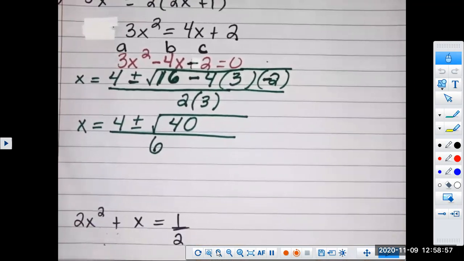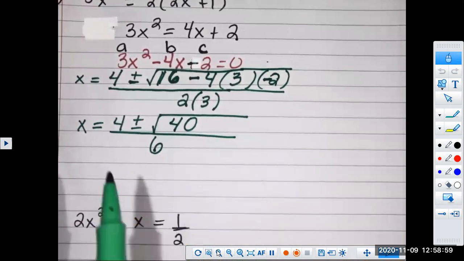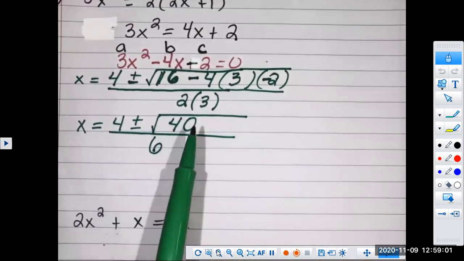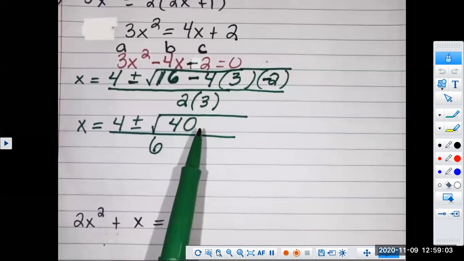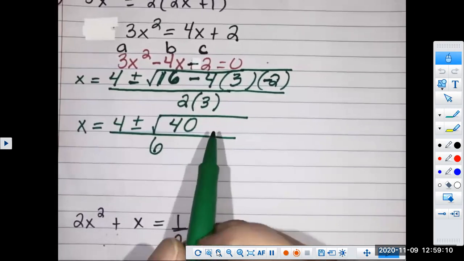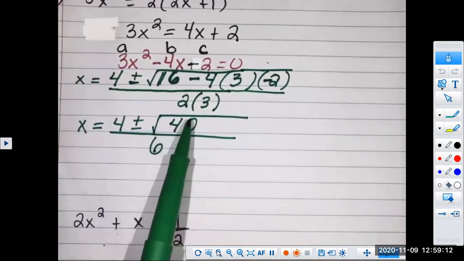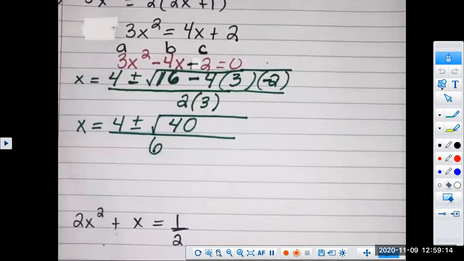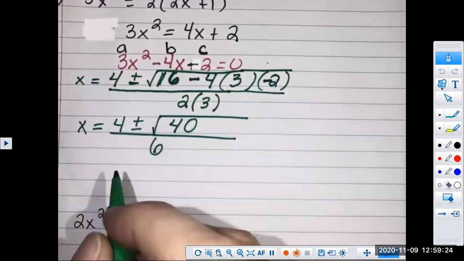Okay, this is what you're not going to like about this. If you can simplify this radical to leave it in exact form, you must do that. And what I mean by that, can 40 be divided by any perfect square? Perfect square numbers: 4, 9, 16, 25. It can be divided by 4, right?